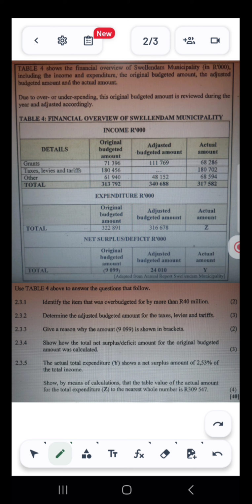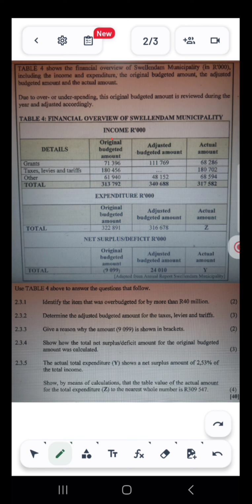Now under details, you are told what the budget is made up of: grants, taxes, levies and tariffs, what they charge for those, and other.